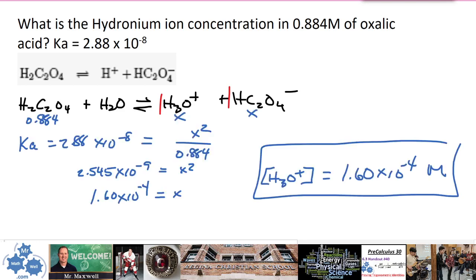Okay, so here's the solution for this question here. You can check that. So yeah, the oxalic acid dissociation equation there with water produces your hydronium and the other ion, and so let those equal X. Use your initial concentration, right?